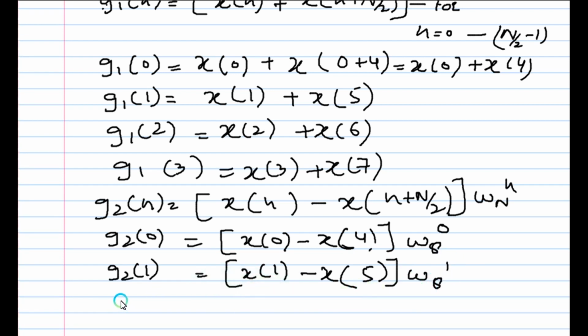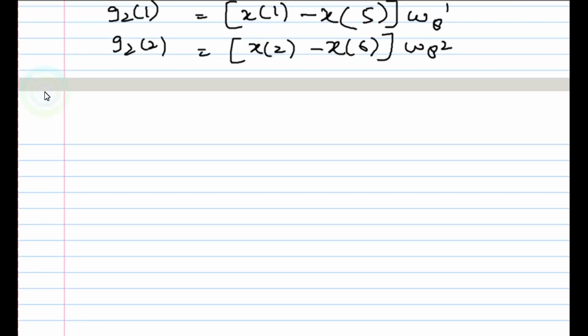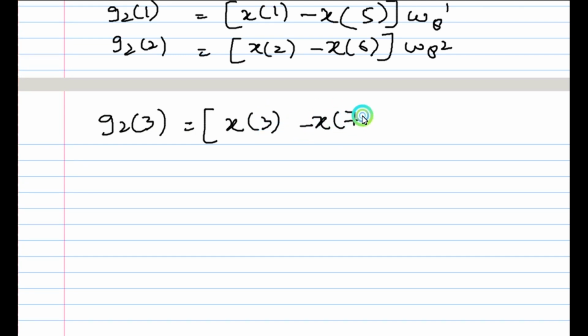Fine. Similarly I can write g2 of 2 as x of 2 minus x of 6 multiplied by W_8 to the power 2, and finally g2 of 3 as x of 3 minus x of 7, whole multiplied by W_8 raised to 3. Fine.